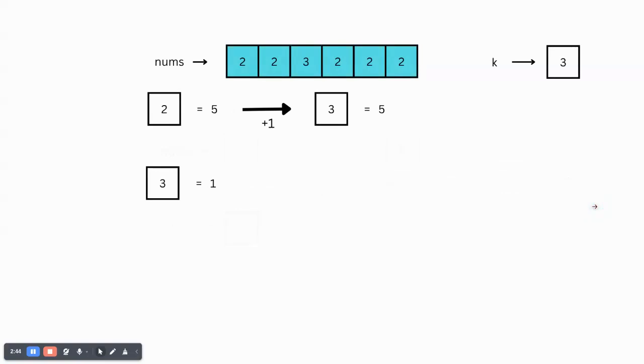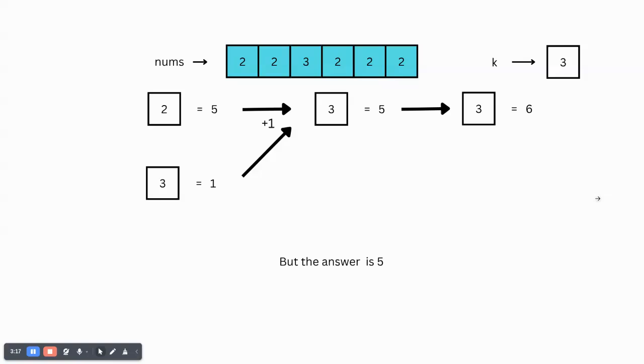So based on the first idea, we select the whole subarray, and we have 2 having frequency of 5, and if we add 1 to all of the elements, that would give us extra 5 threes, and we add that with the 3 that we had before, and that would give us 6. But if you see that, the answer is not 6, because it's supposed to be 5.